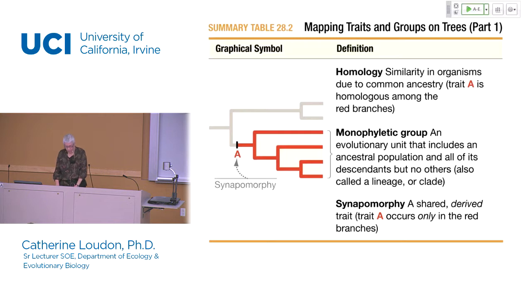Now, this actually leads us to a few more terms which are explained in figure 28.2, which is in front of you right now. So here's one of the terms, and this is the definition of homology. Homology is defined as similarity in organisms that is due to or caused by common ancestry. So in the example phylogenetic tree in front of you right now, something changed. Look at the vertical tick mark that indicates something changed.